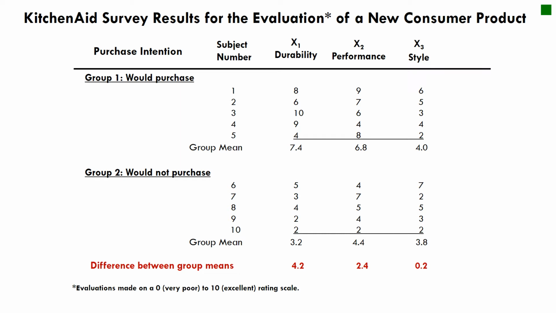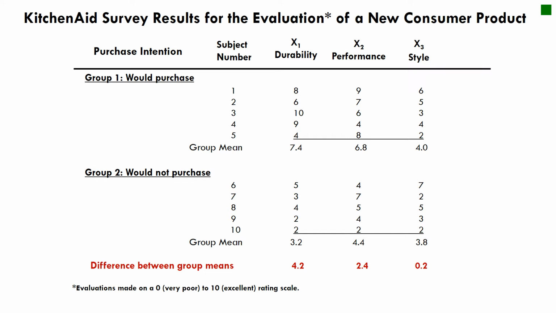We also have in this data an indicator suggesting whether the consumer would buy or would not buy this particular product. So in this fictitious data, 5 of the subjects indicated they would purchase and 5 said they would not. And we have 3 other variables.